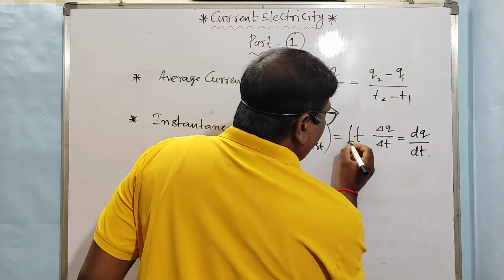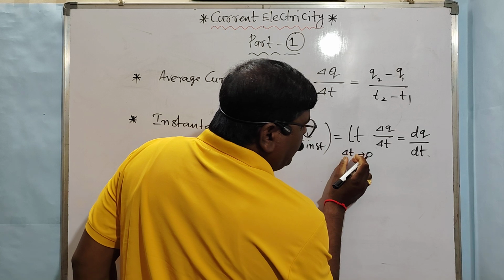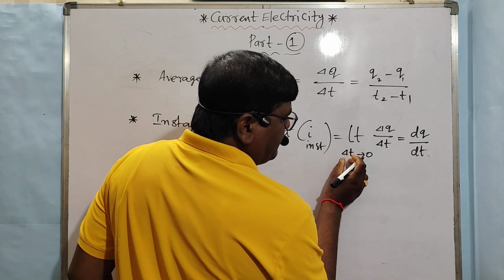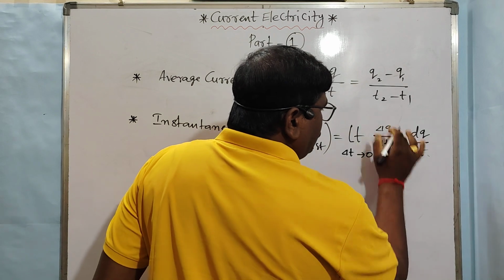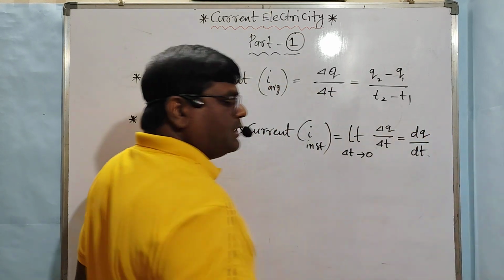Actually this is the limit, within a very short interval of time that is nearly equal to 0, and this is written as dQ by dt.